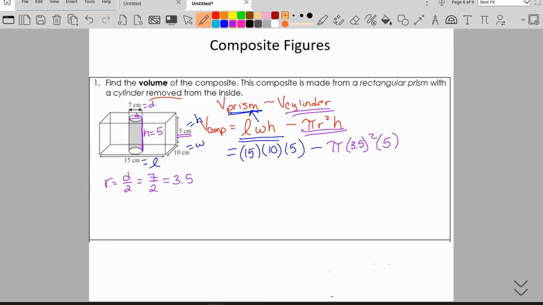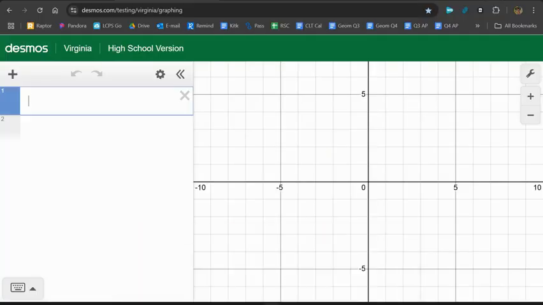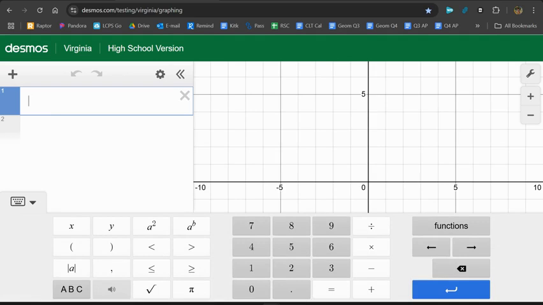Whatever you labeled your height as for the prism stays that for the prism. The height of the cylinder is always the distance between the two circular bases. All right, let's put that all in our calculator. So that's going to be 15 times 10 times 5.